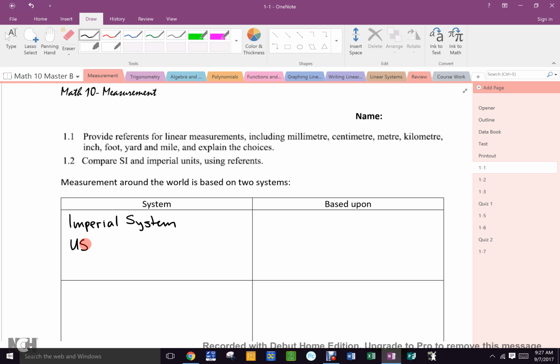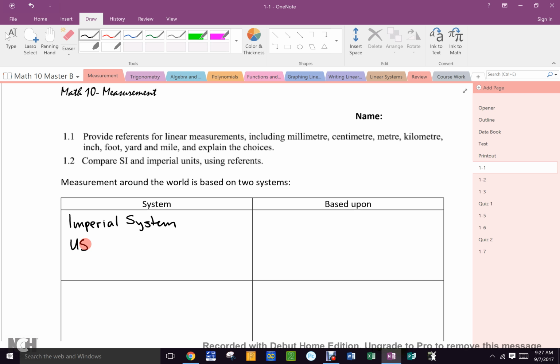Feet. Why do they call them feet? Because people had feet. The Imperial System is based upon body parts. Why is that stupid? Because everybody has different size feet. Right? And back in the day, it was the king that chose how long things were.